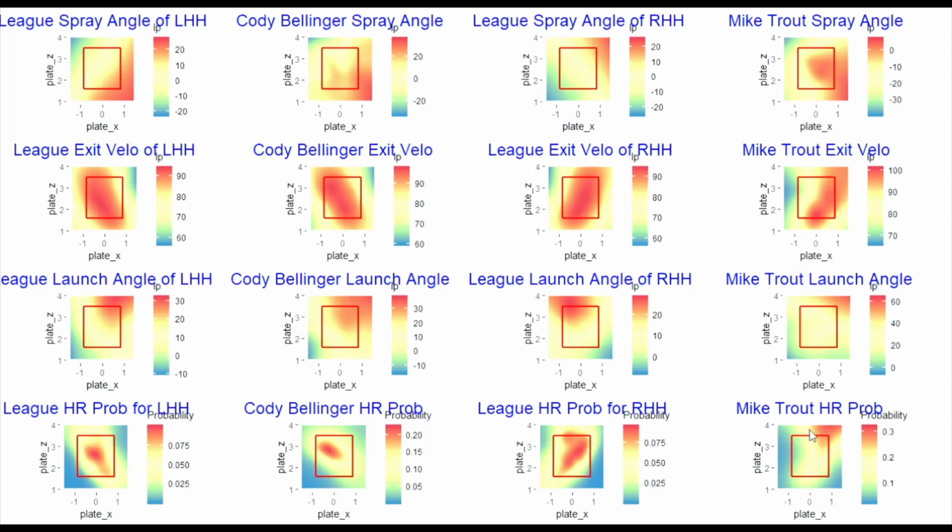And you can see Mike Trout's home run probability is highest when the ball is up and away, about 4 times higher than the highest league average for right-handed hitters.